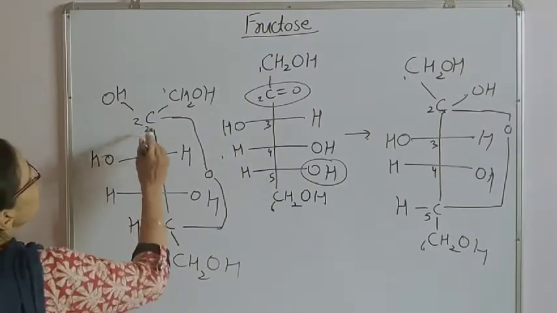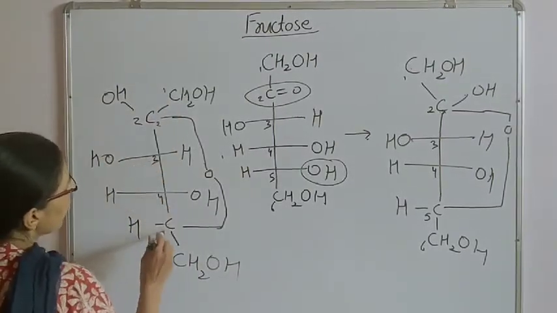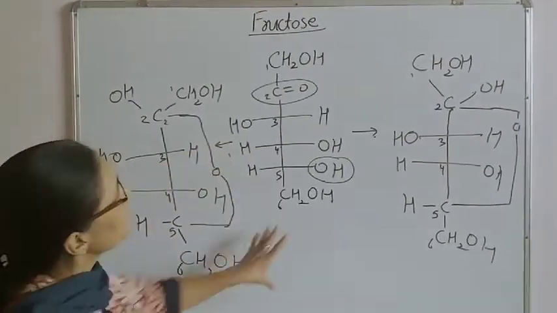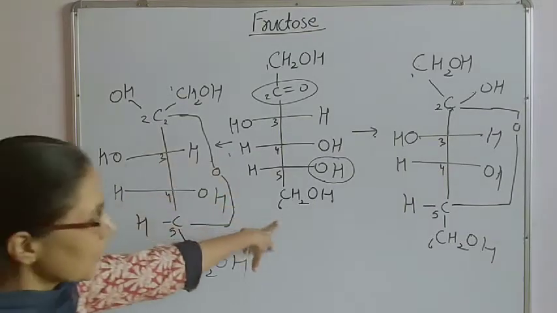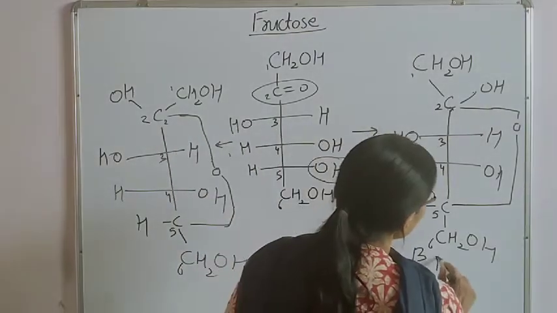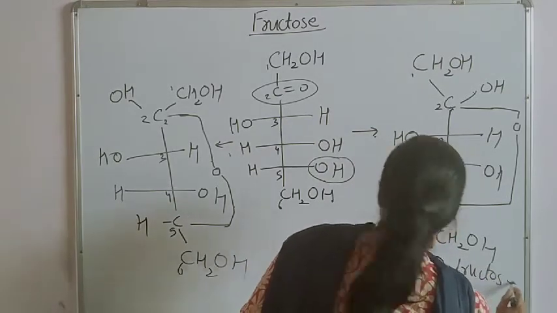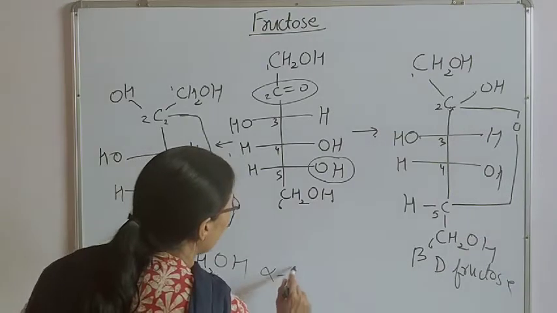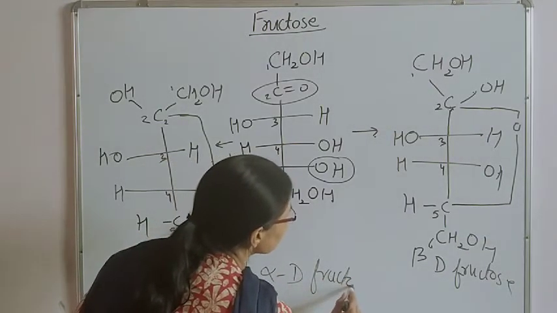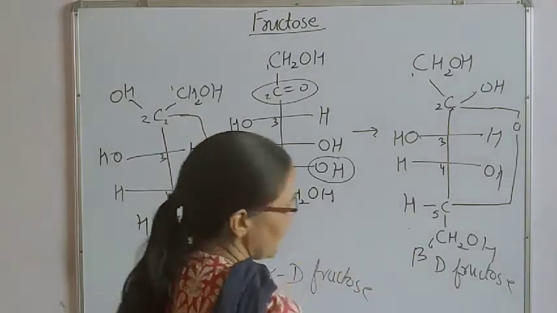So 1, 2, 3, 4, 5, 6. So there are 2 forms of this fructose. One is known as beta D fructose, another one is known as alpha D fructose. This one is alpha D fructose, this one is beta D fructose.